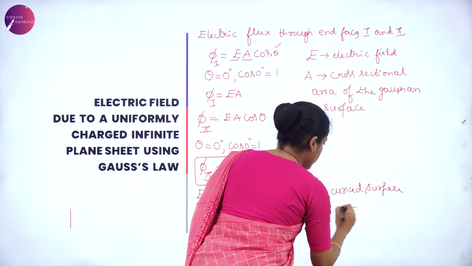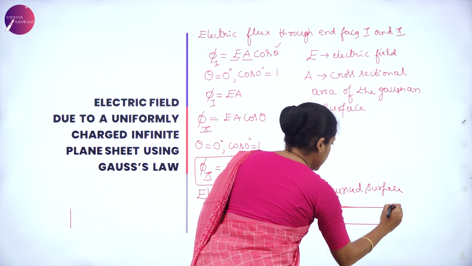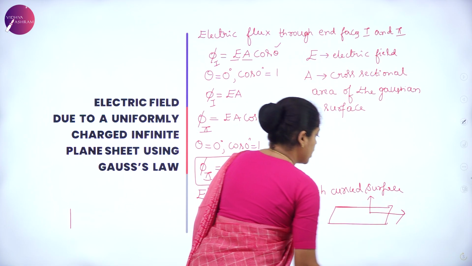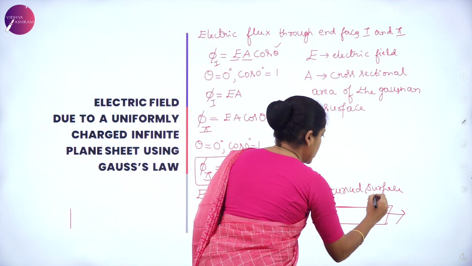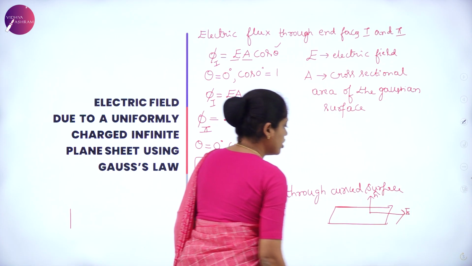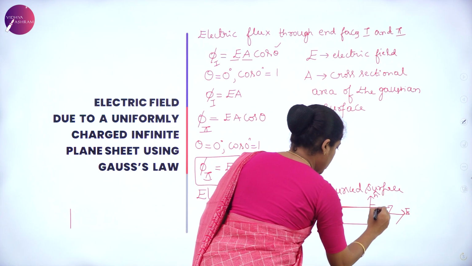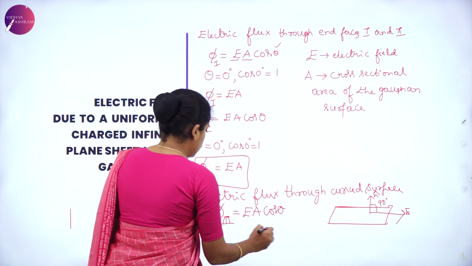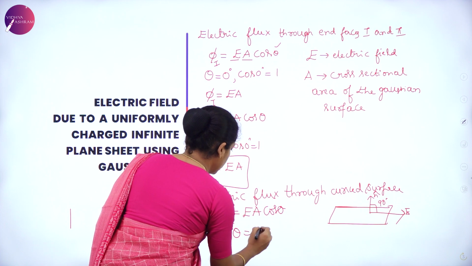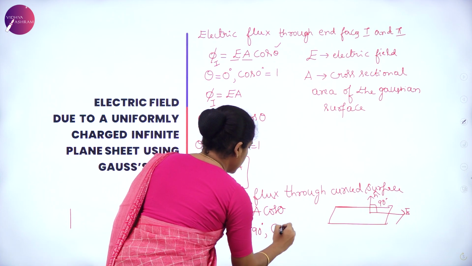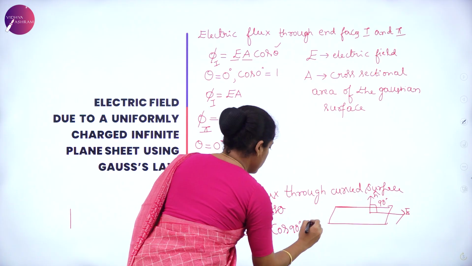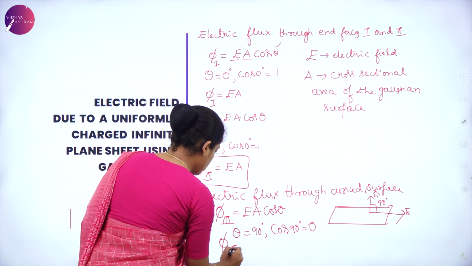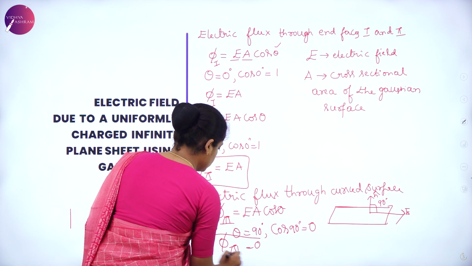Through the curved surface, the electric field direction is towards the right or the left, and the area direction is upward and perpendicular to that area. The angle between them is 90 degree. Therefore, theta is equal to 90 degree. Cos 90 degree is equal to 0. Then the phi 3 value is 0.